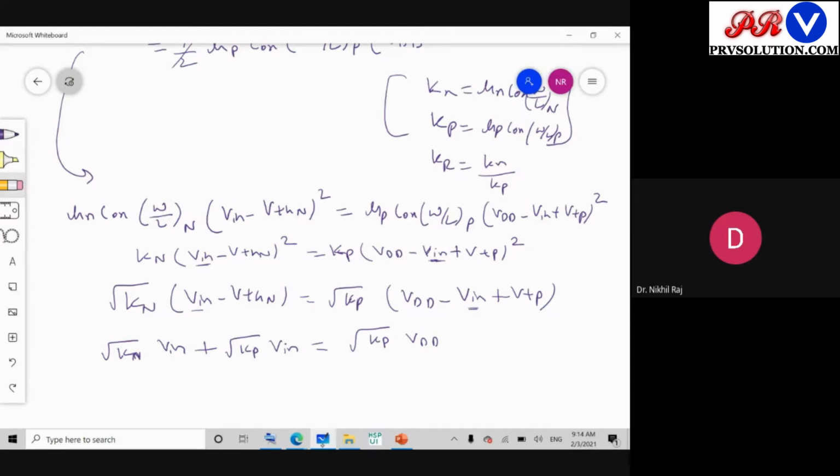Sorry, there is a mistake. Okay, let's take this on the LHS side. So what we'll get is square root of Kn by Kp, and here it will be (Vin minus Vth of NMOS) equals, now it looks somewhat okay, VDD plus VTP.